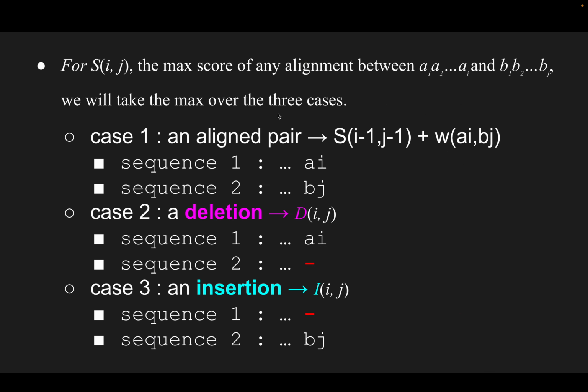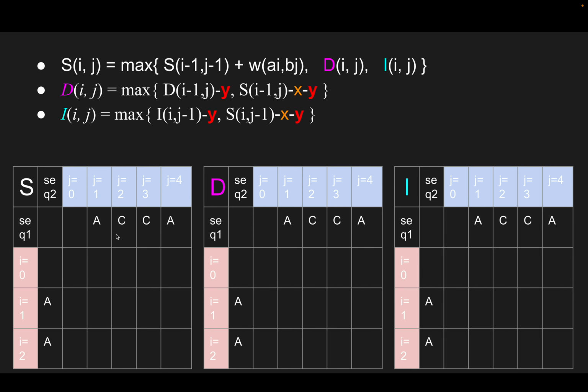So you have to create a table for each recursive form. The first one is S, the second one is D, which stands for deletion, and the third one is I, which stands for insertion. For the rows, you put each character of the first sequence, A. And for the columns, you put each character of the second sequence, ACCA.